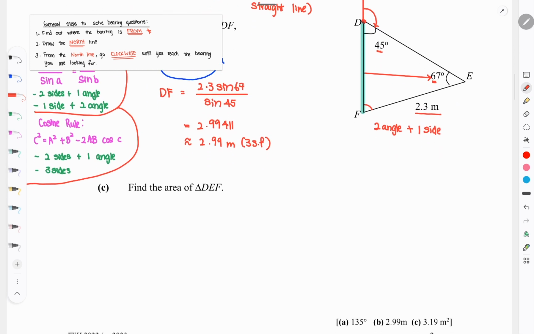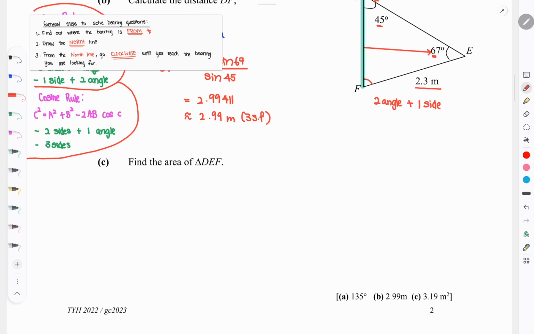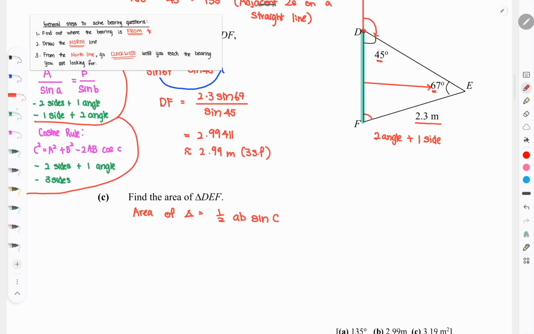Okay, moving on to part C. Now I want to find the area of DEF. Just a recap, area of triangle equals to half ab sine C. In this case, I will use my DF, which I highlight in green.